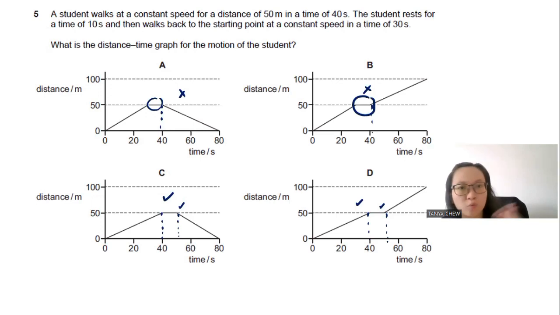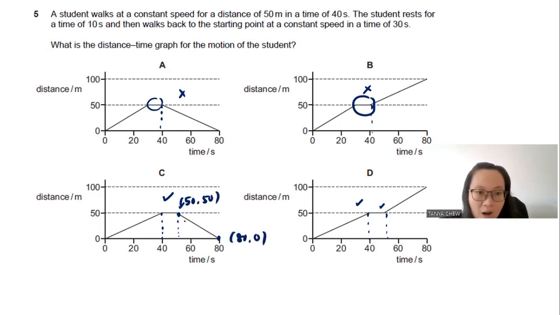And then after that, the student walks back to the starting point at a constant speed. You've got to find the gradient. The constant speed in a time of 30 seconds. So I just want to check my speed at this point first. I just need to find the gradient. So this is 50, 50. This is 80 and 0. So let me find my speed here. 50 minus 0, y2 minus y1, over 50 minus 80.